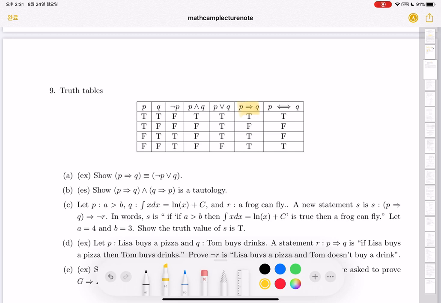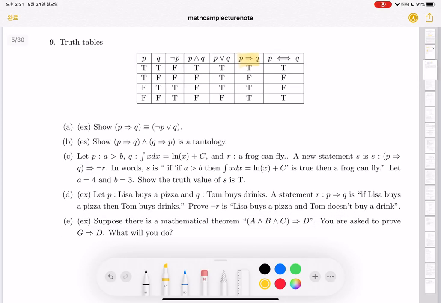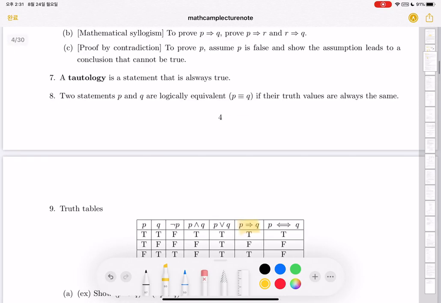So the only case that the if P then Q statement is false is P true and Q false. Okay. And there are 5 examples here from A to E that you can work on for the mathematical logic.